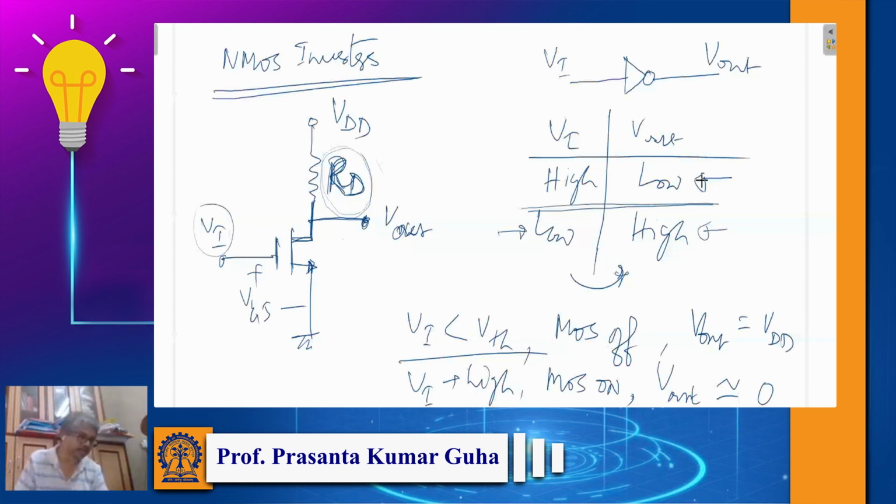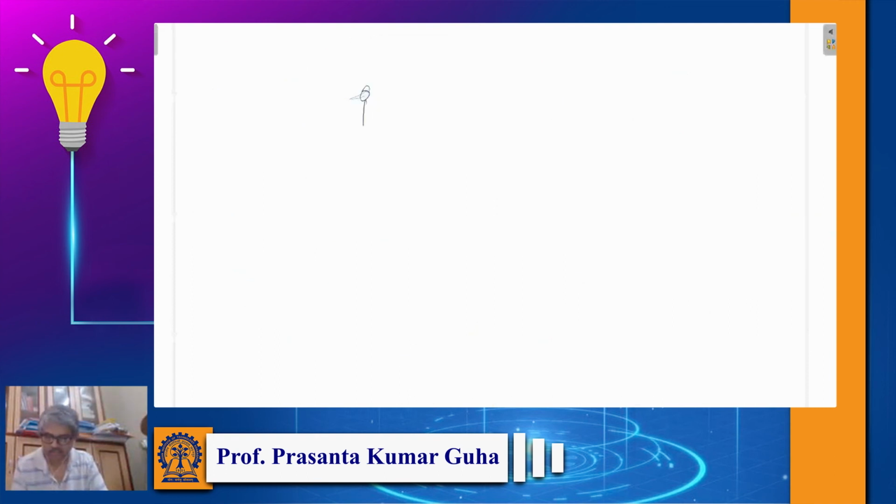In fact, we can have other digital circuits also. For example, we can have a NAND gate, NOR gate, and so on, using multiple MOSFETs.